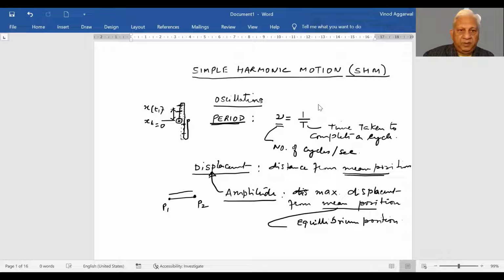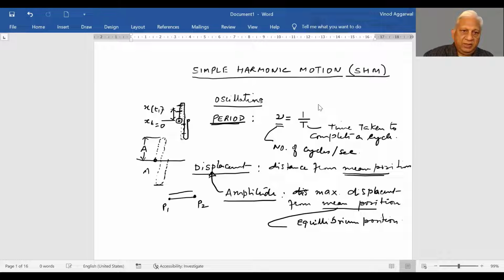Let us say there's a particle here, started from here, goes up and up and up and comes back. Now, it started from here and went to a maximum displacement of this. This we call as amplitude of the oscillating particle. Similarly, it will come to the mean position and overshoot, go back to another extreme position, and come back again to the mean position.